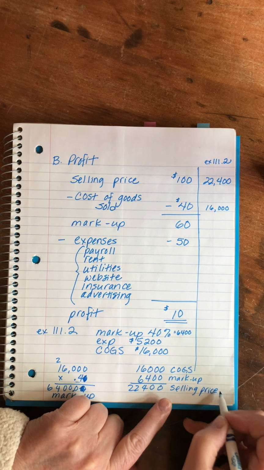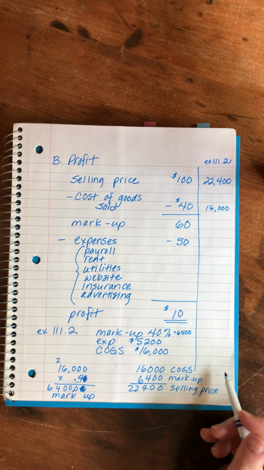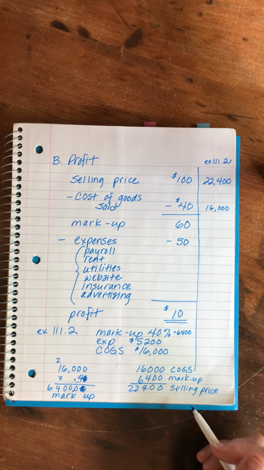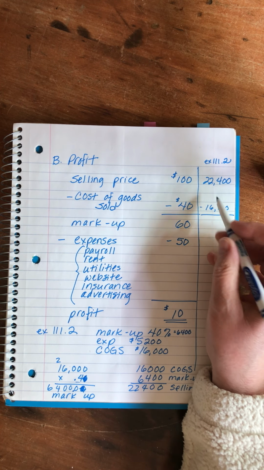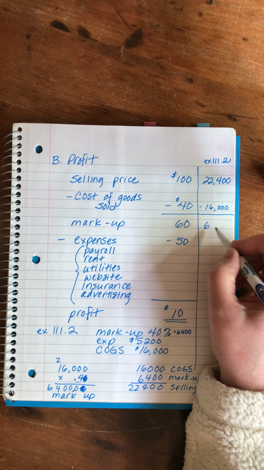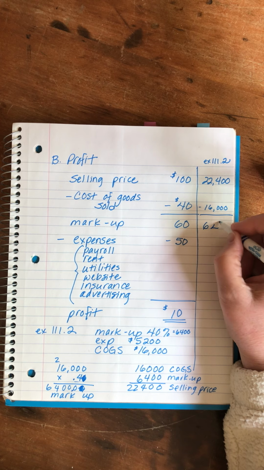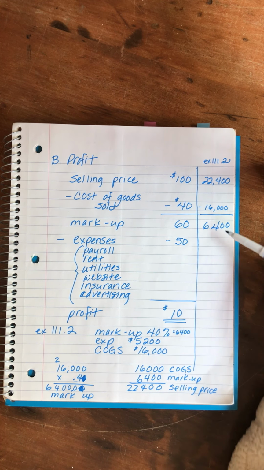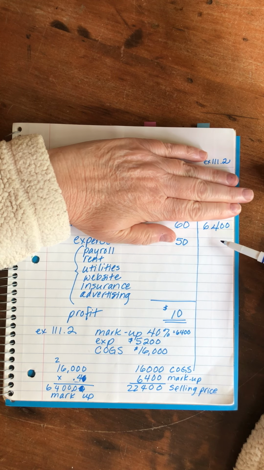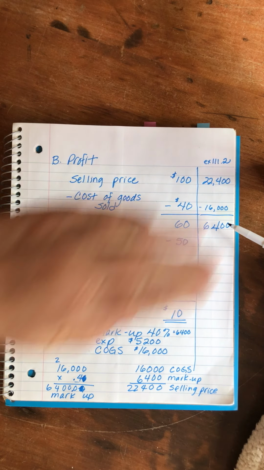This is what we were doing back in the other lesson. We weren't using this expression, cost of goods sold, but I think it helps clarify what that number represents. So now we know our selling price. We subtract our cost of goods sold, and look, we get back our markup, which we calculated at $6,400. What John does is he just ignores all of this, but that to me is kind of confusing because you don't know where this number came from.